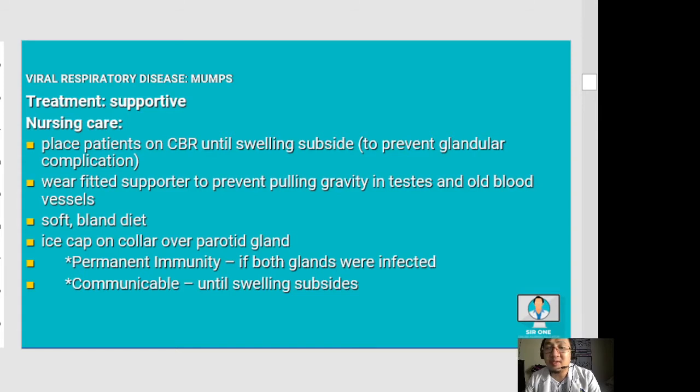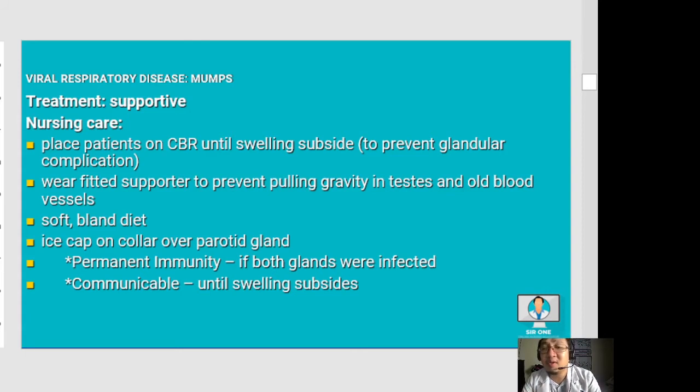Nursing care includes placing the patient on complete bed rest until the swelling has subsided. This is to prevent glandular complications, especially to other glands of the body aside from the parotid glands.